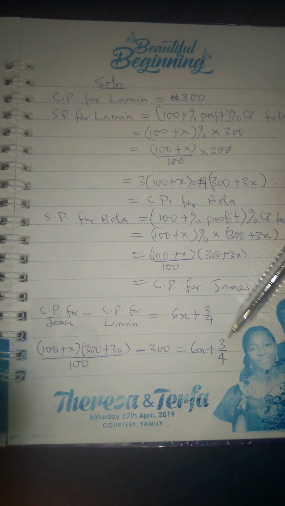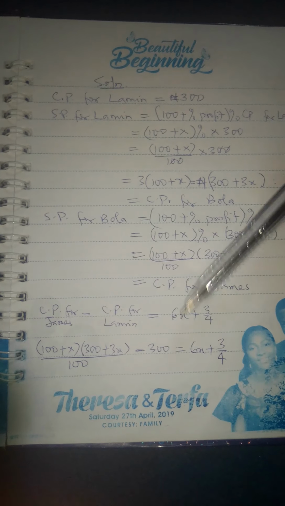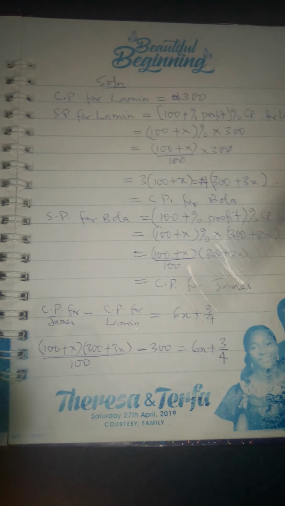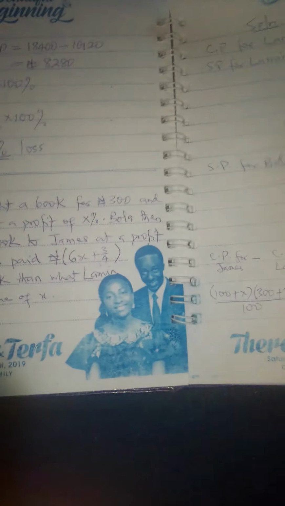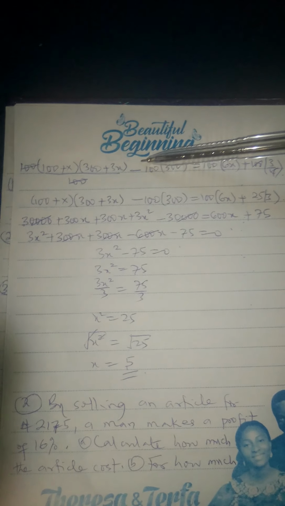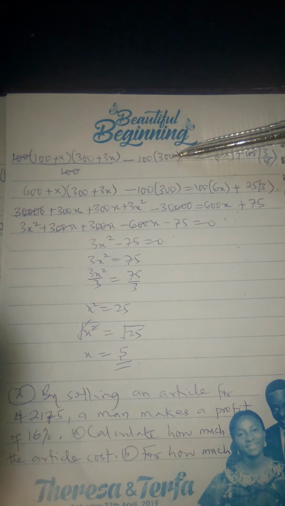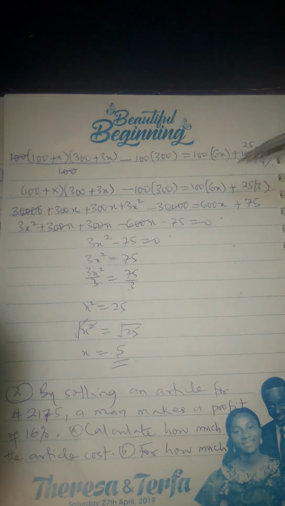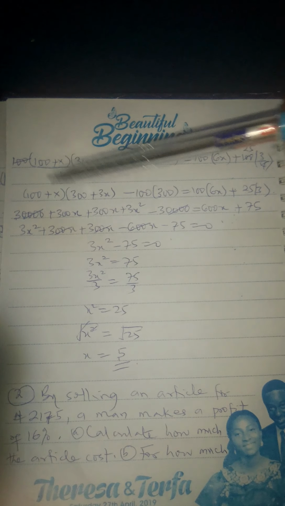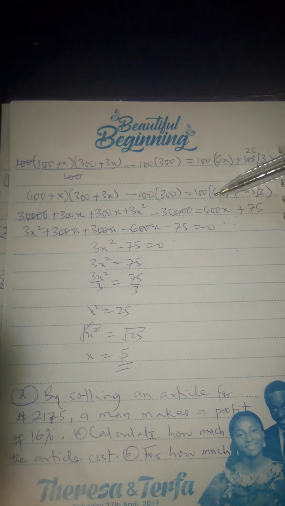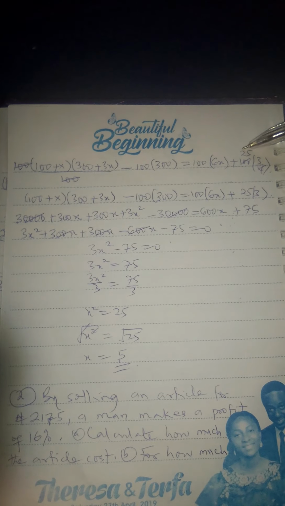LCM of 100 and 4 is 100. Use 100 to multiply the 4 terms: 1, 2, 3, 4. You use 100 to multiply this term, you use 100 to multiply this term, you use 100 to multiply 6x and to multiply 3/4. This 100 will cancel this, will be left with this. 4 will divide 100 to give 25.